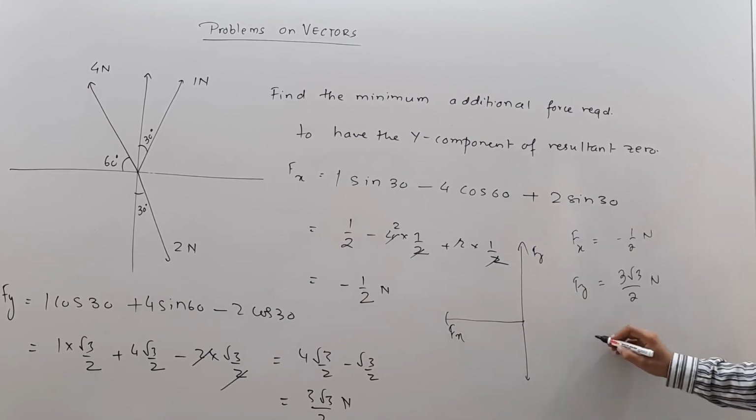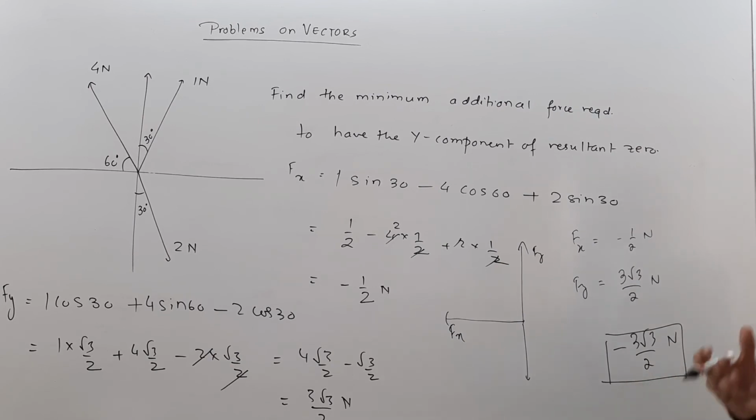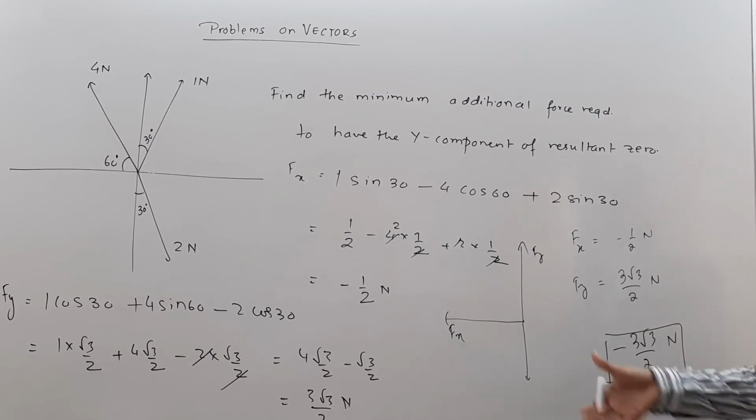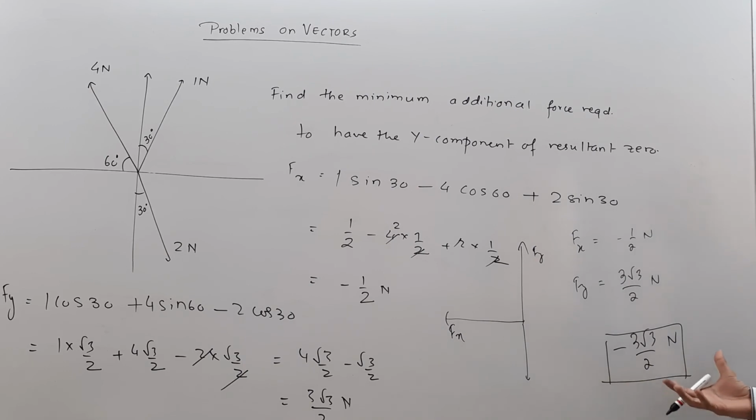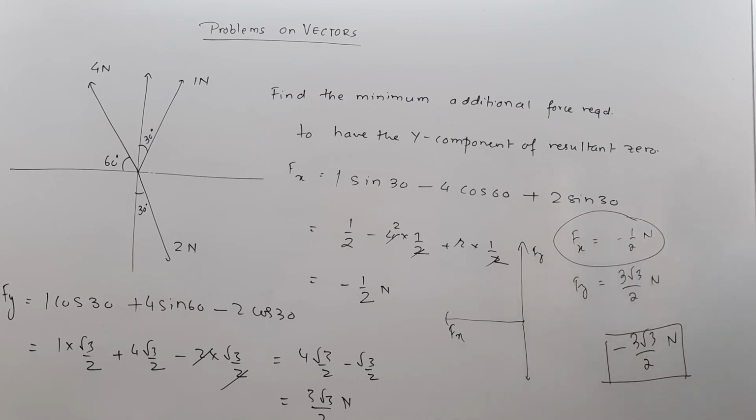That is, the force required to negate this is minus 3 root 3 by 2 Newton. So there has to be some additional force in the downward direction having this magnitude, which will balance out this force, and only this will remain. So then we will have only the x component.